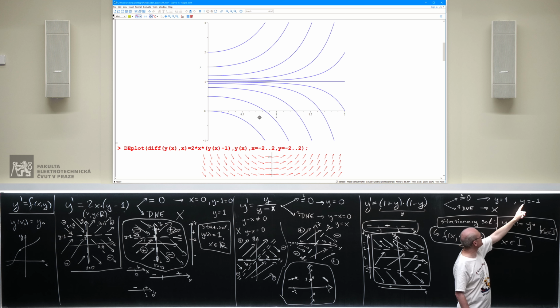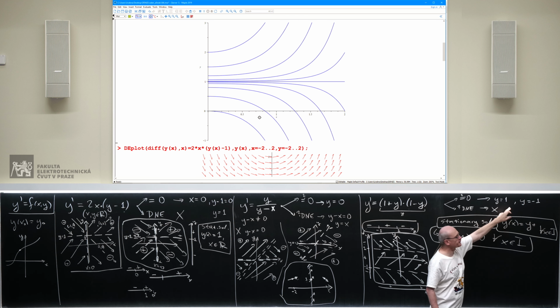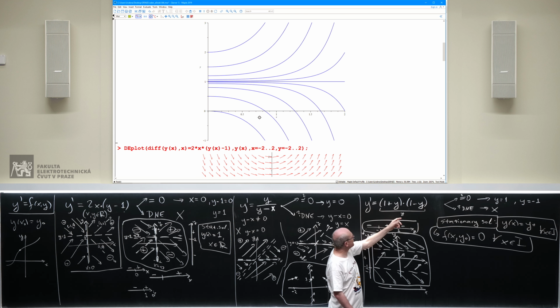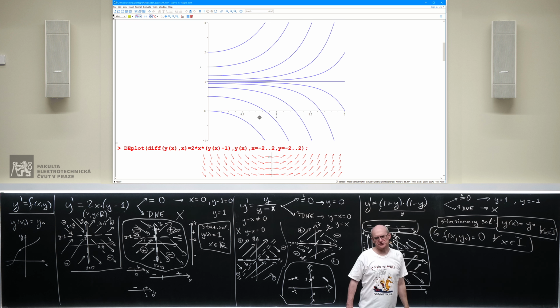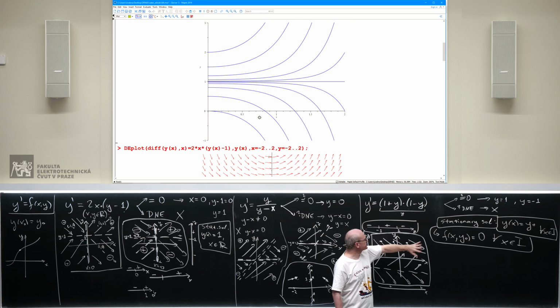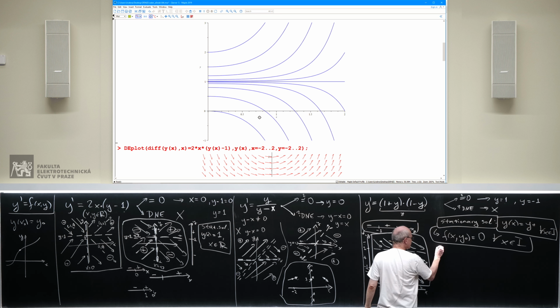Over here, I can see two stationary solutions. If I put 1 for y, then the right-hand side becomes 0 regardless of x. Well, there is no x anyway, so the autonomous differential equations, they are really good for stationary solutions. But as I said, this is a more general notion. So let me put here two stationary solutions.